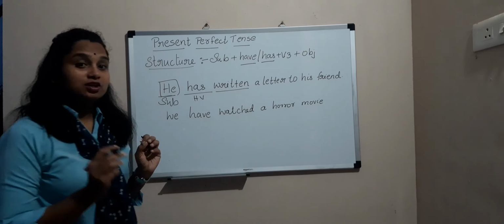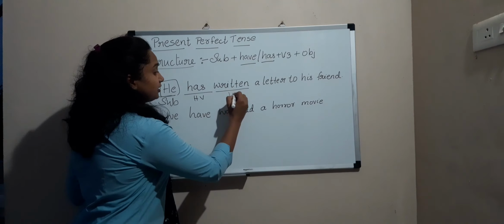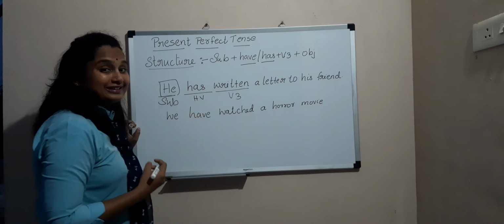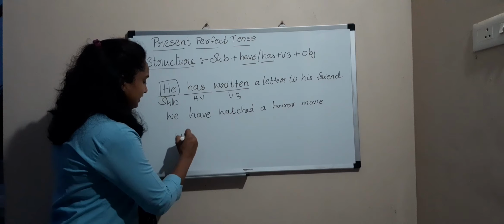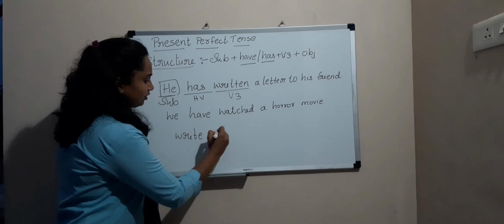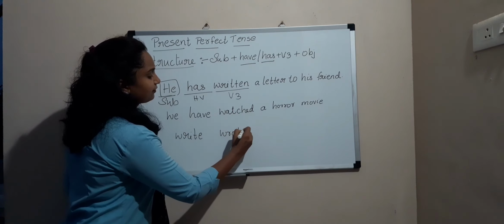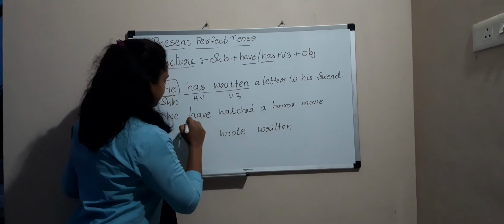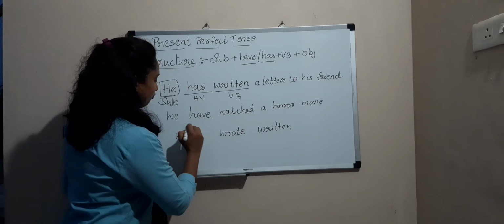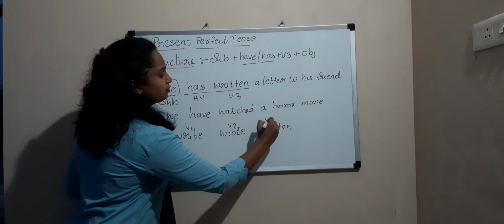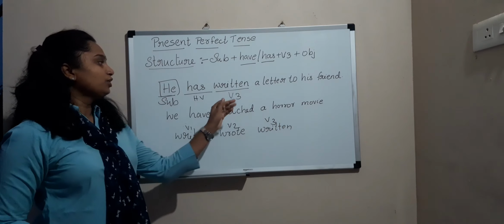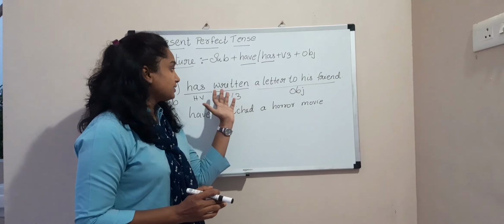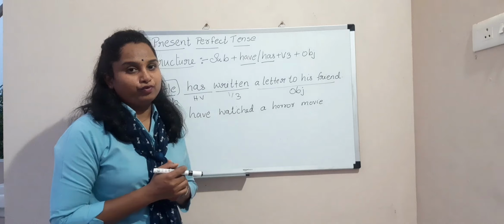This is verb third form because what is the first form of written? Write, wrote, written. V1, V2, V3. So this is verb 3 and it is an irregular verb.